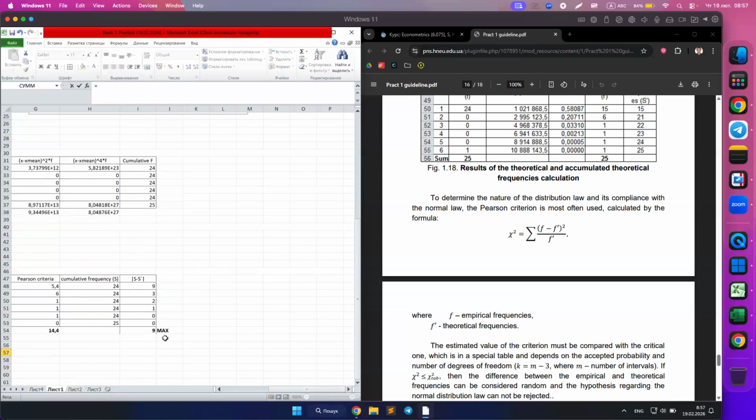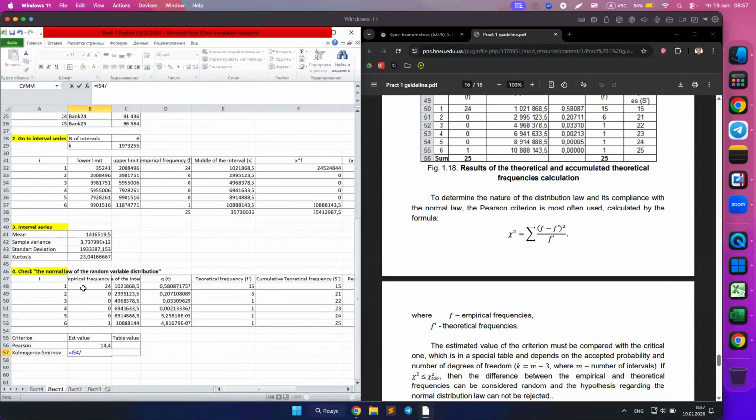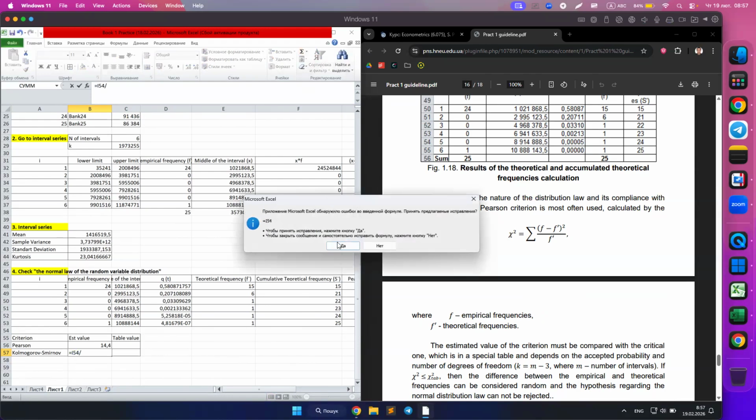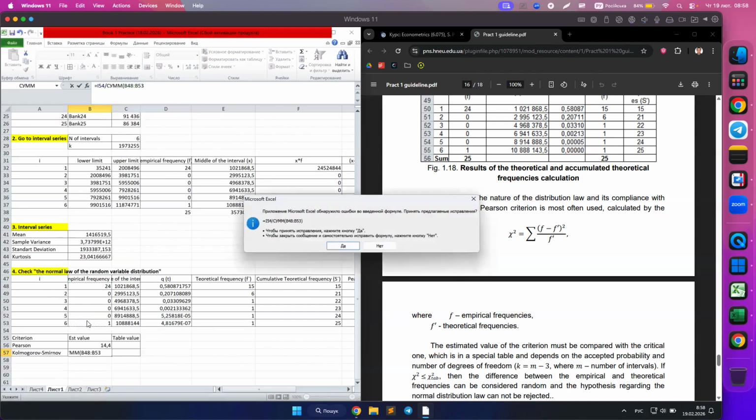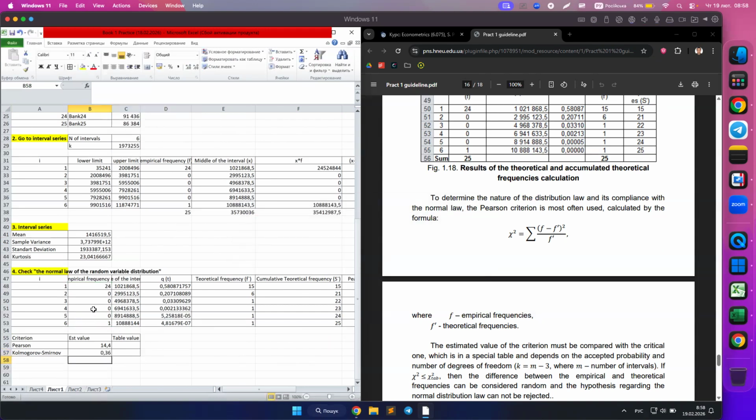So we achieve it, it's 9, and divide by the sum of our empirical frequency. Yes. And we achieve some value here.